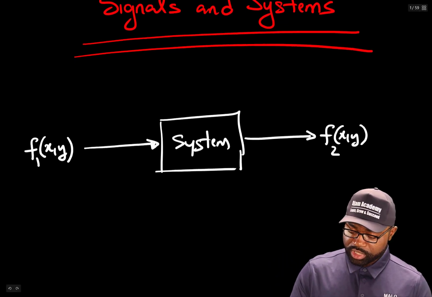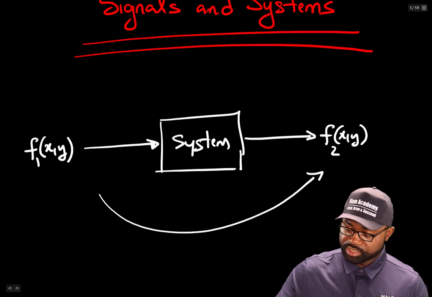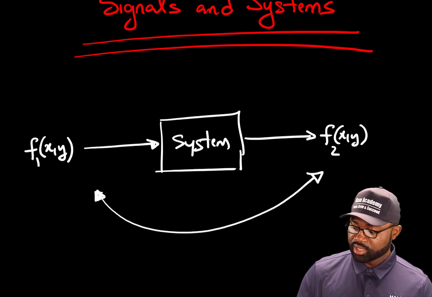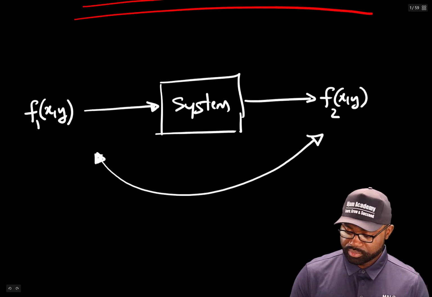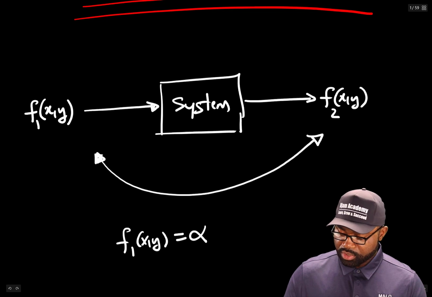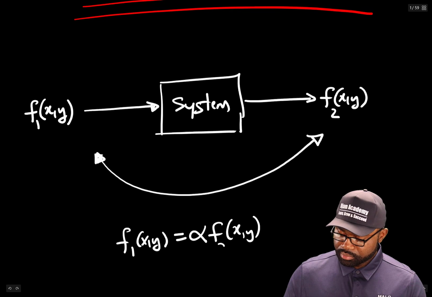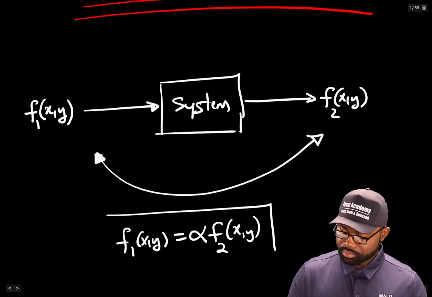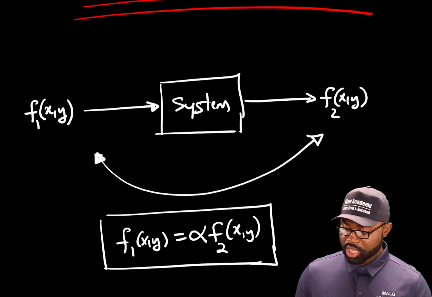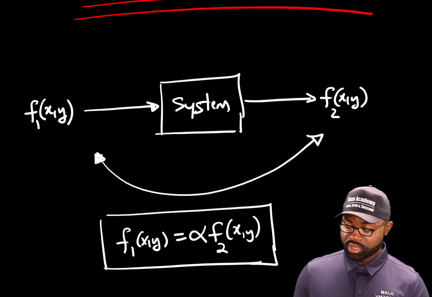So in other words, a system establishes a relationship between an input signal and an output signal. Now, bear in mind that the input signal is related to the output signal by a simple expression. We will discuss the merits of this expression in a later lesson.